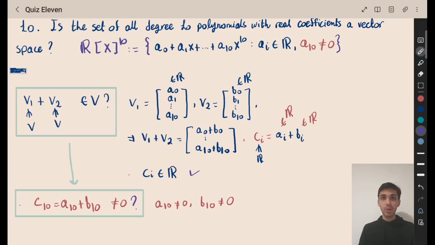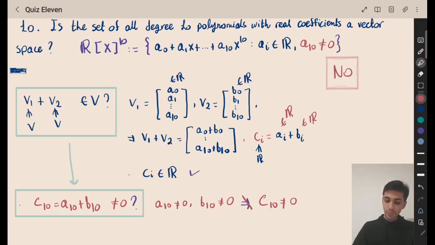These are non-zero numbers, which have a sum of 0. So the fact that these two are not equal to 0 does not imply that C10 is not equal to 0, which means that this is not going to be a vector space.